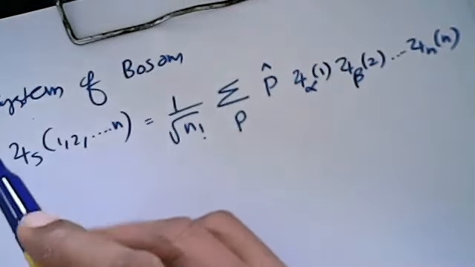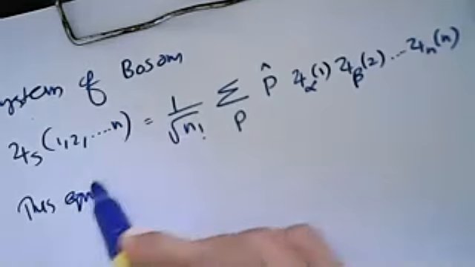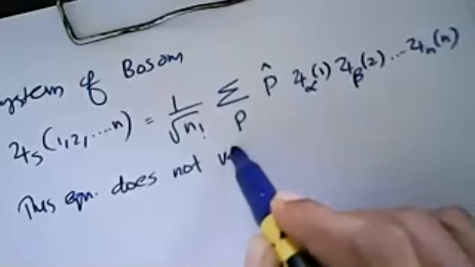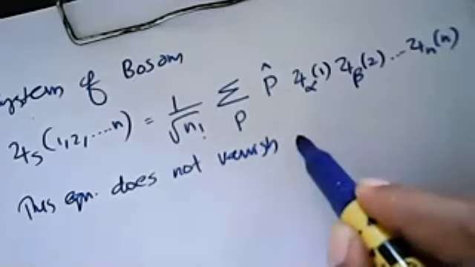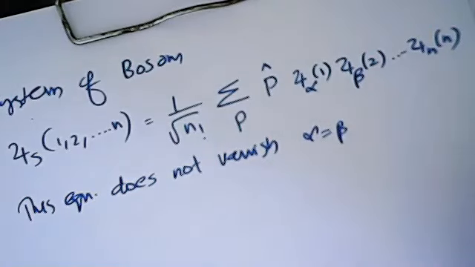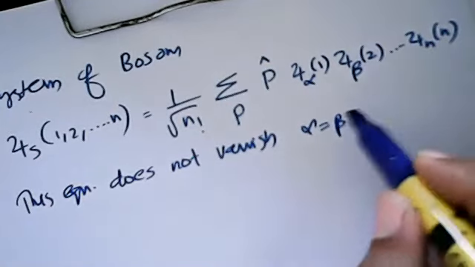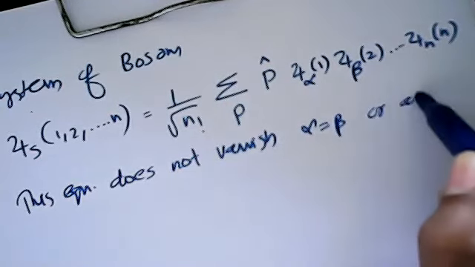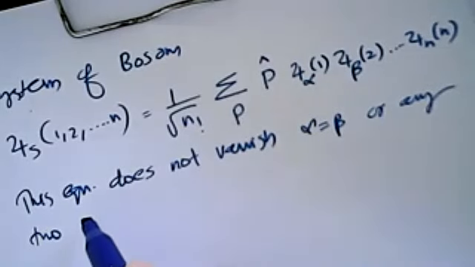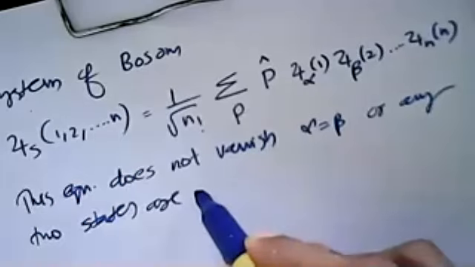Okay, so this equation does not vanish even if alpha equals beta or equals gamma, or any two or more states are the same or equal.